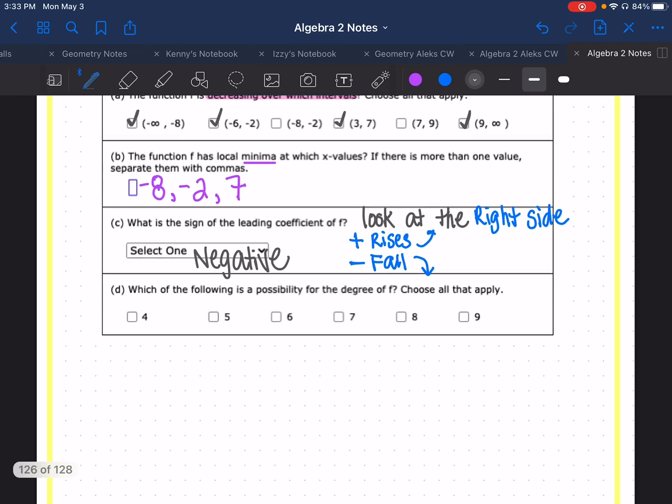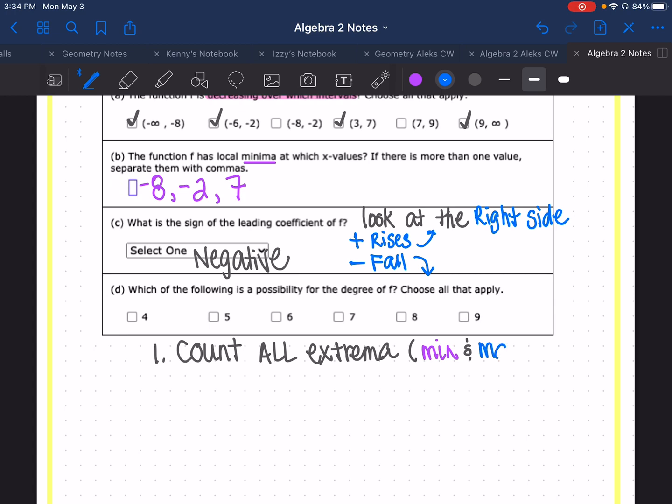All right. For the last question, they're going to ask you about the possibility of the degree of f, and you do get a choice as to all of them that apply. The first thing you need to do is count all the extrema, your minimums and your maximums.